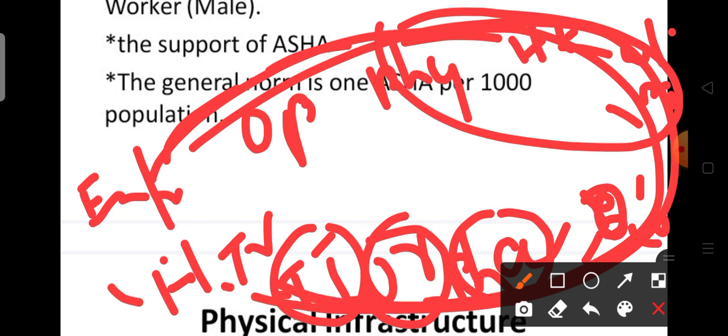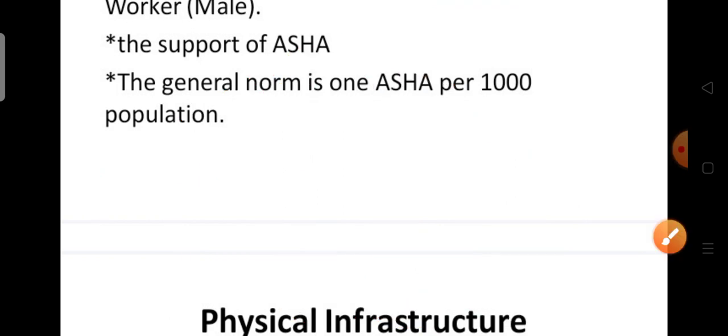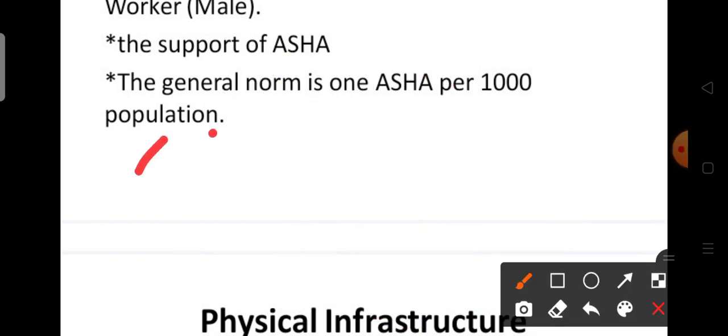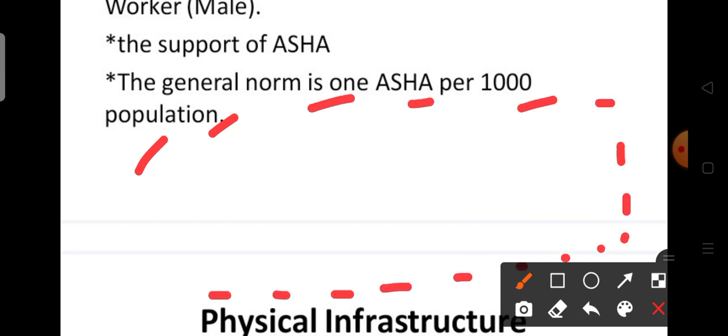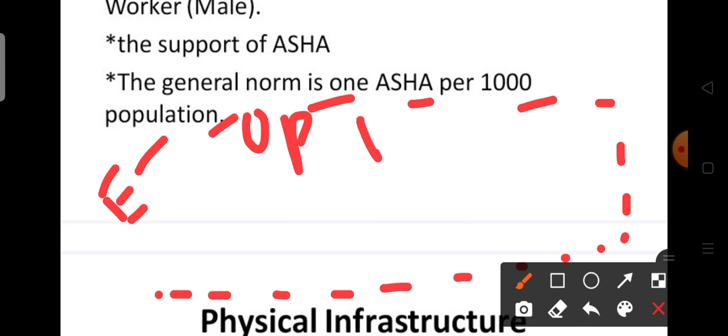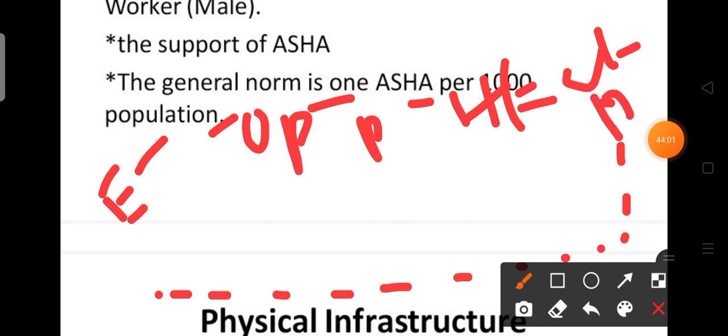Once again I would like to draw it. Entry, next OP. Then physical examination: height, weight checking, BP checking. Next TPR if it's fever.